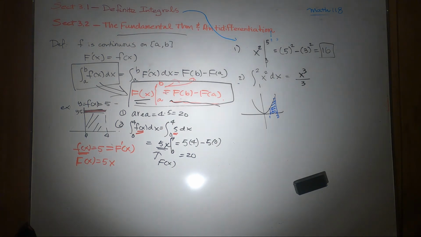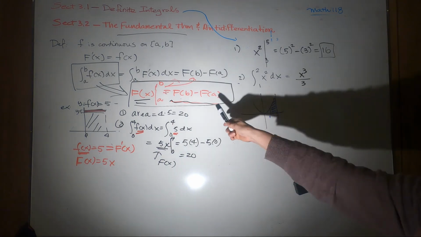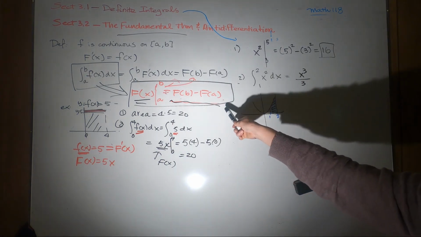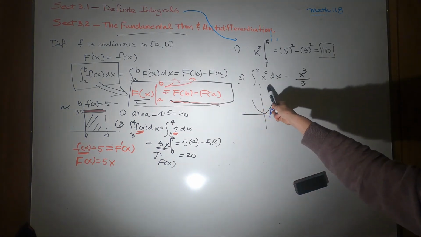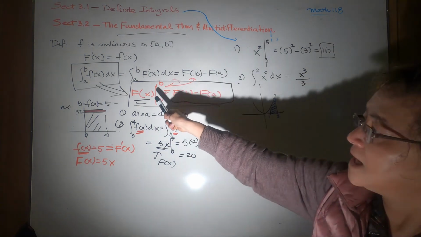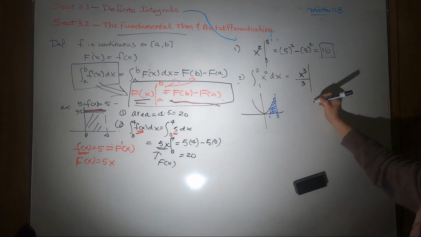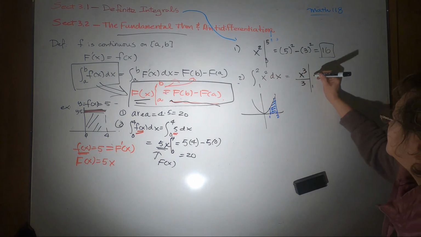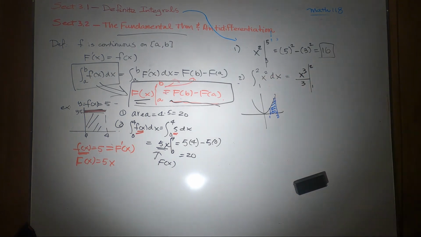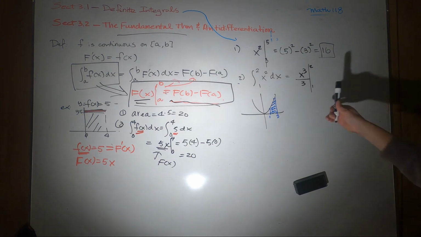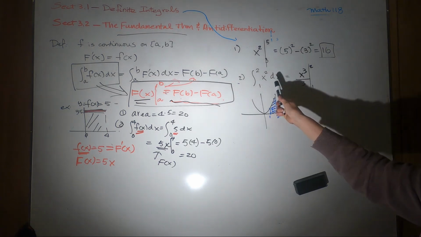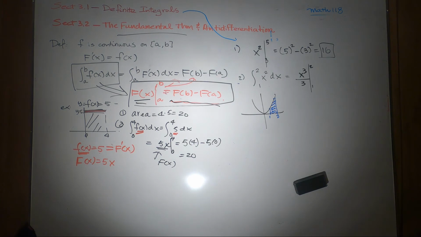Then, according to the fundamental theorem we are learning in this section, you write it this way, put a bar here, and plug in these two values. That will be the answer for this definite integral.